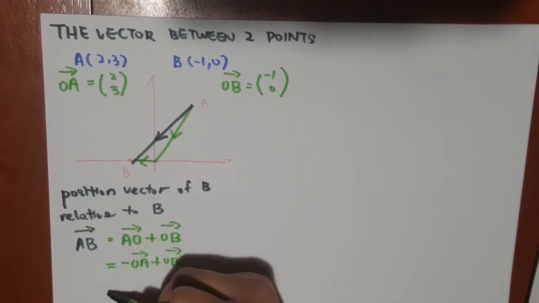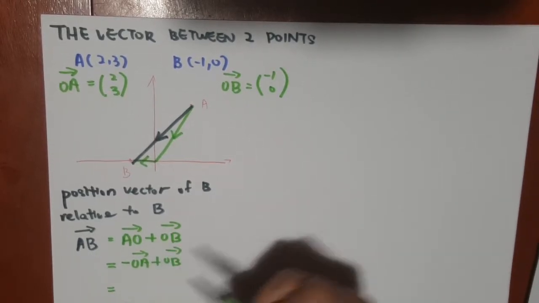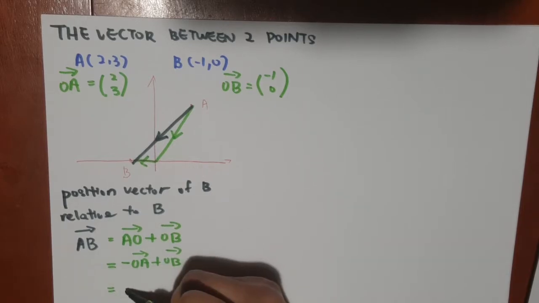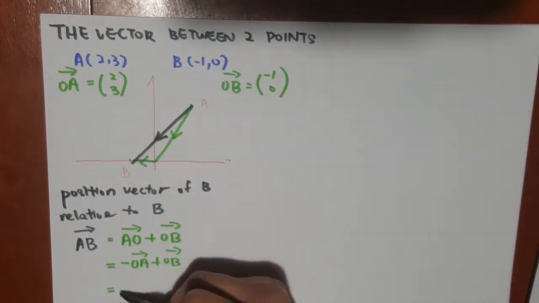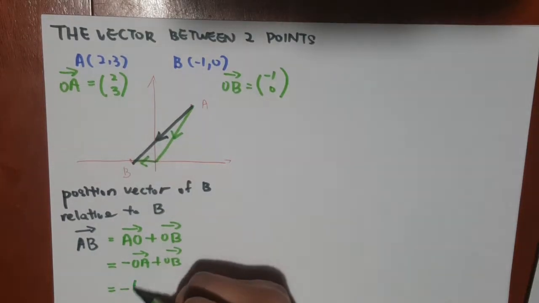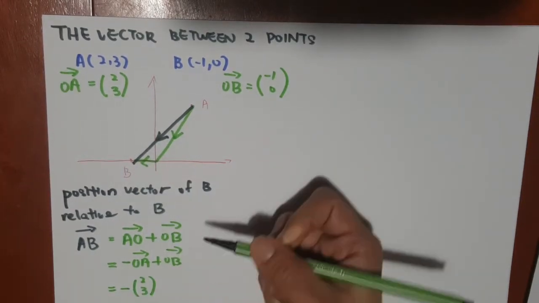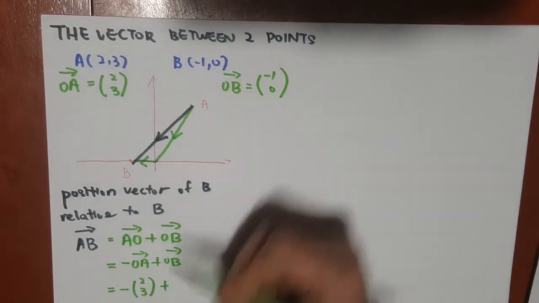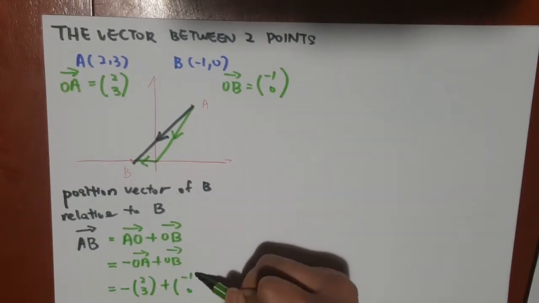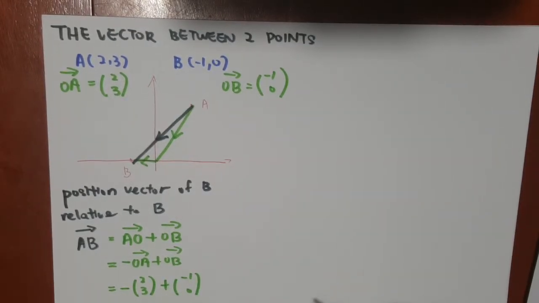After that, we can take the negative and copy down (2, 3) because that's the vector OA, plus OB, which is (-1, 0). We can simplify this to -1 + -2 + -1, which is -3, and -3 + 0, which is -3.